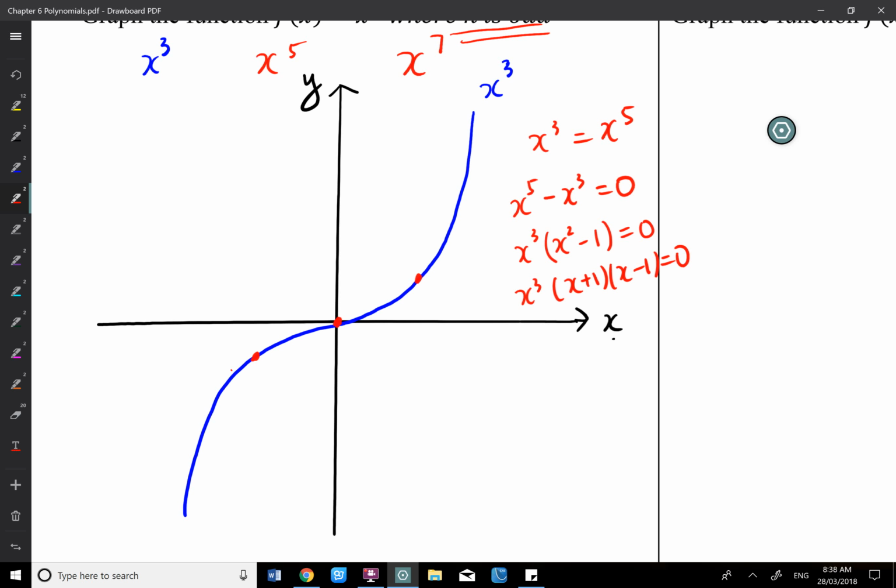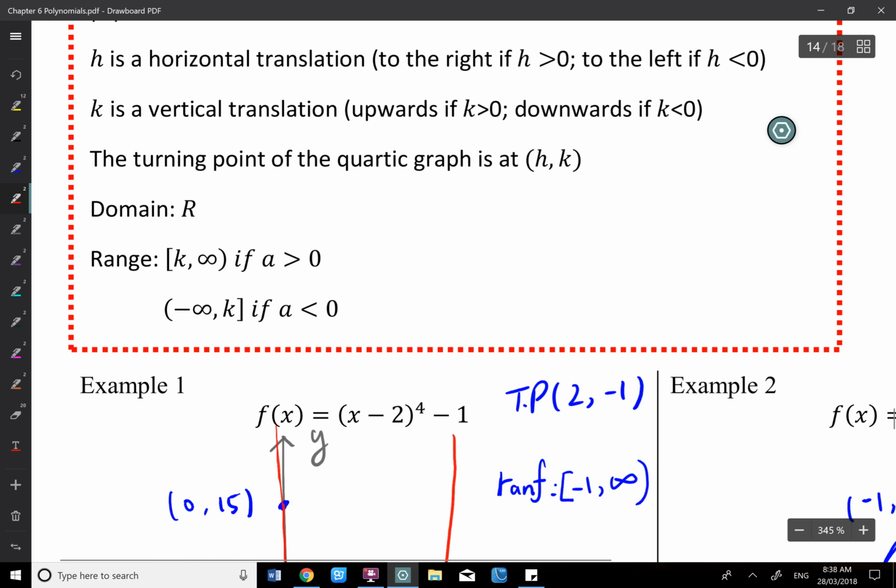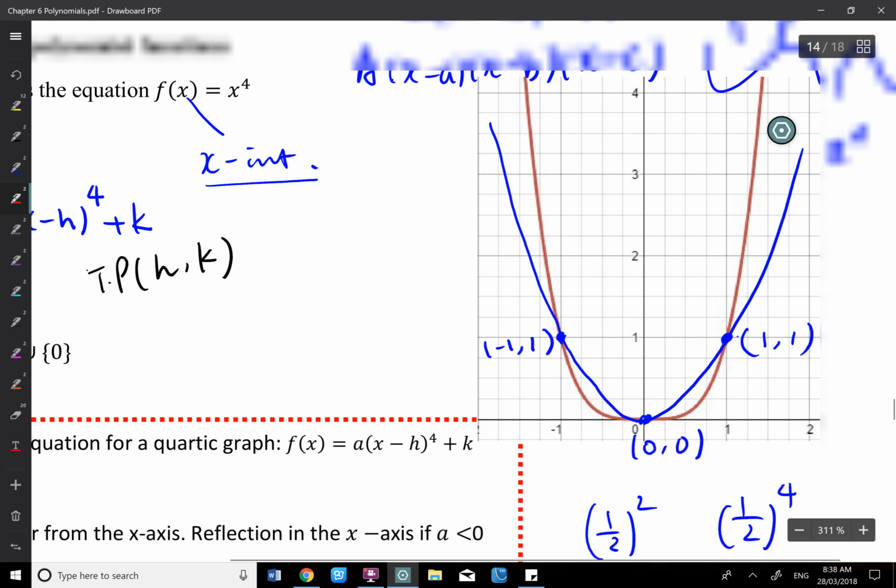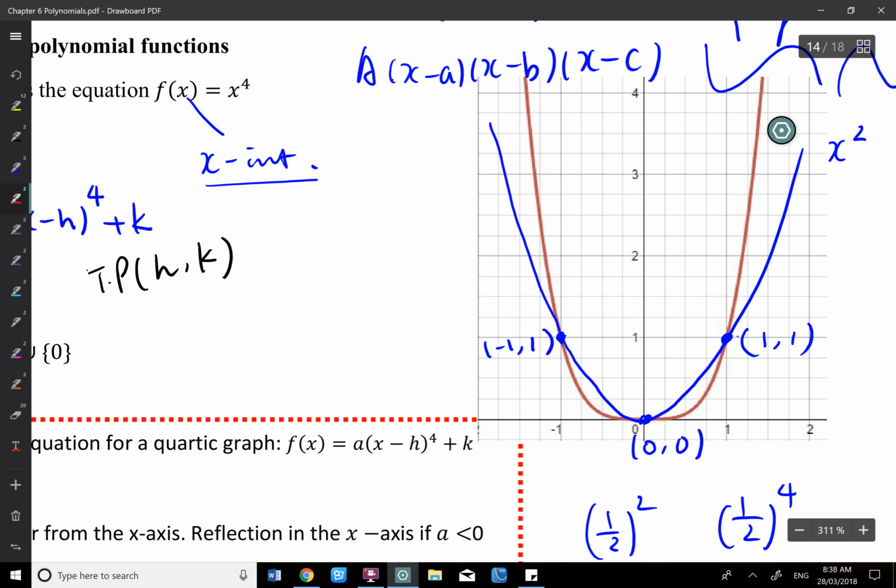Do you remember what I talked about yesterday about x squared and x to the power of 4? They intersect at 3 points as well. If you intersect at 0 and then 1, you need to be above first and then below, or below first and then above. That's how the graph should look.